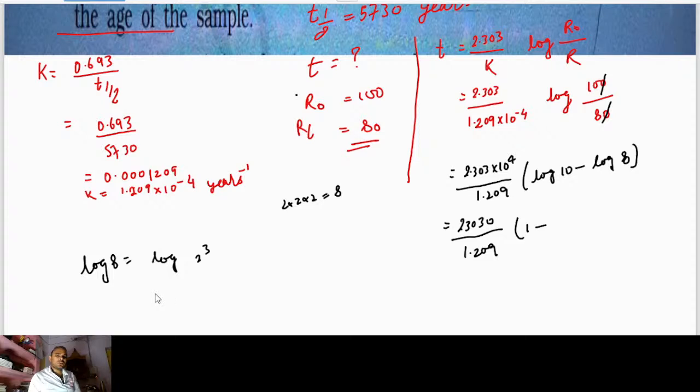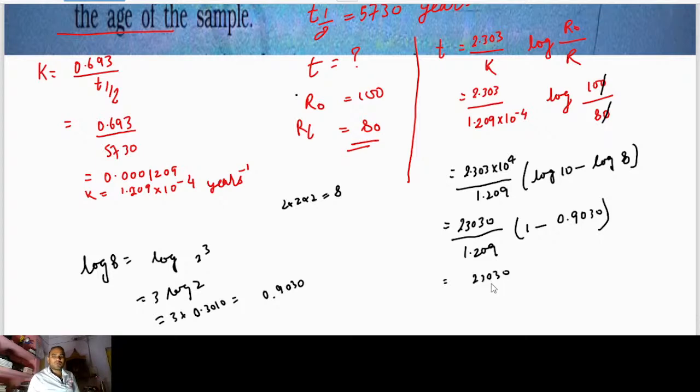So it will become 3 log 2. 3 log 2 means, student, 3 into log 2 value, 0.3010. So if you are solving, it will come 0.9030.